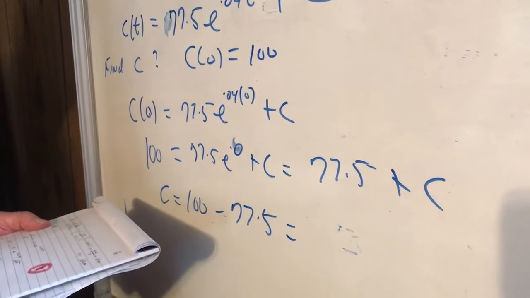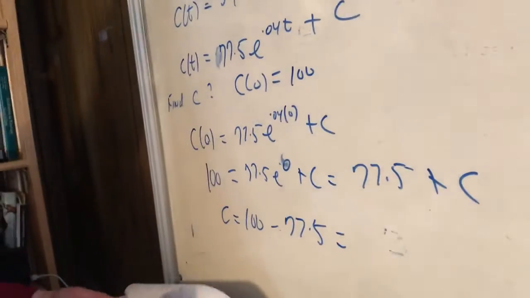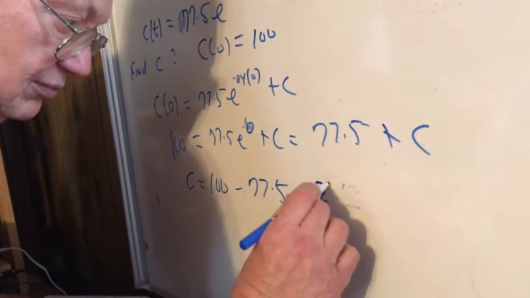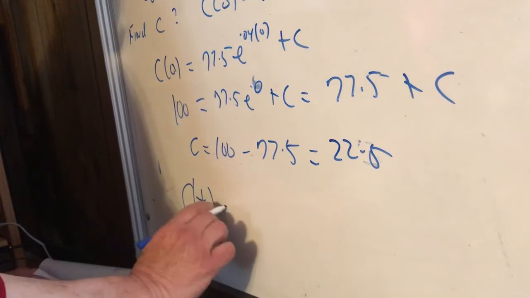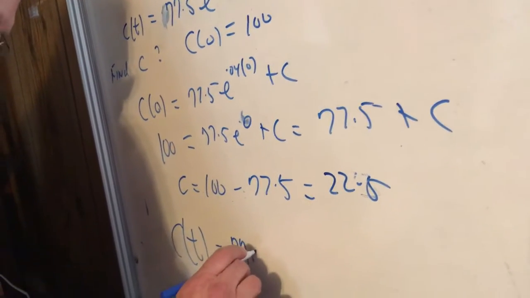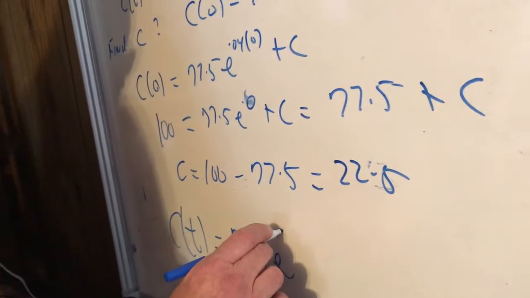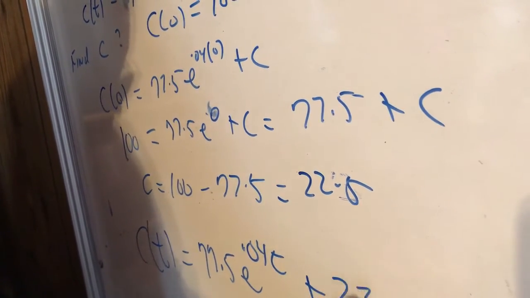or 22.5. Is that what it is? Yep, 22.5. Therefore, your full answer is 77.5 e to the 0.04t plus 22.5.